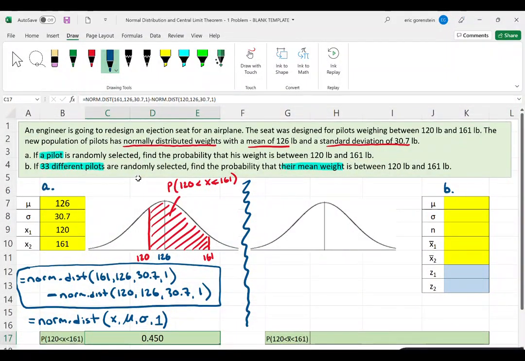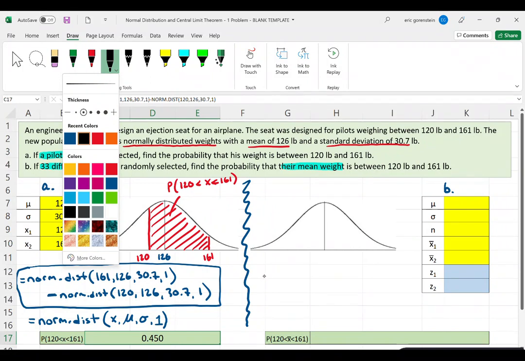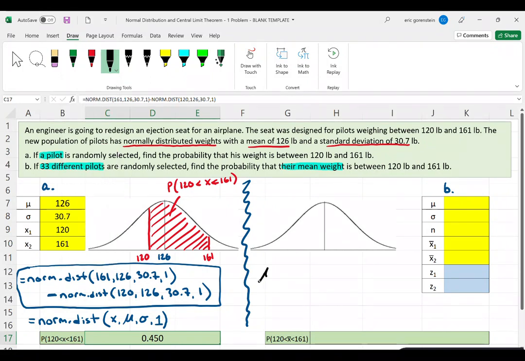If 33 different pilots are randomly selected. So now this is telling us we're using the central limit theorem. Now remember, the central limit theorem is that the distribution of sample means, as long as the sample size is above 30 or so, will follow a normal distribution regardless of the distribution of the original population.